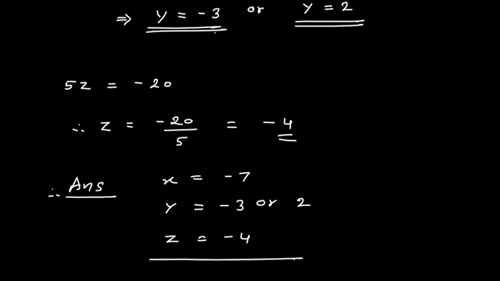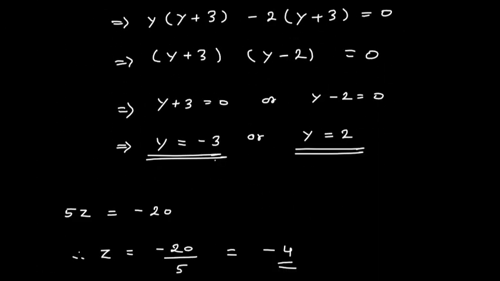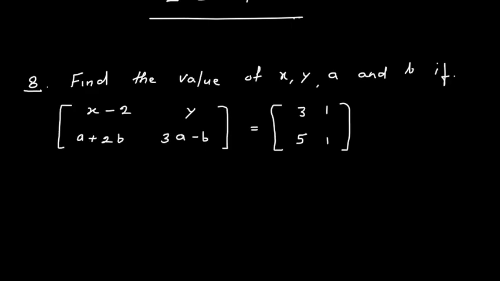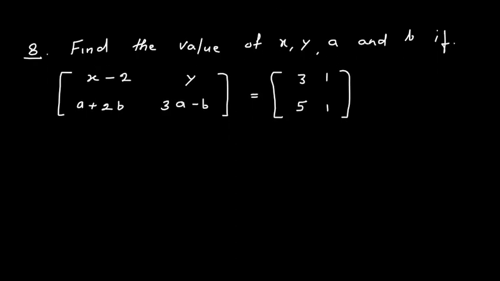So these are the answers for x, y and z. Now let us see the 8th problem. Problem number 8. Here the 8th problem is find the value of x, y, a and b. So 4 values we have to identify. So again we compare, or I will say that by equality of matrix.